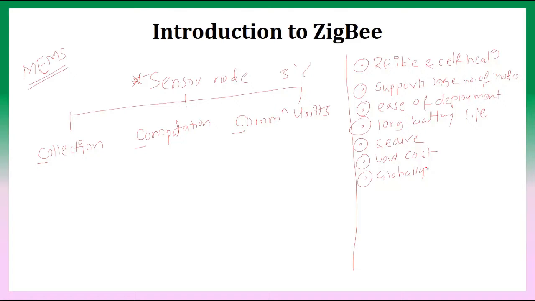Obviously this is a wireless technology, so that is one of the best advantages. We can also easily upgrade our firmware. If we need to update our firmware, there's no need to go to each node; you can remotely upgrade your firmware.